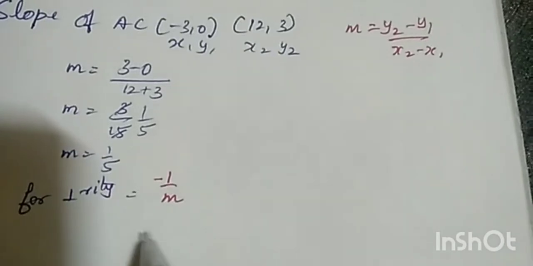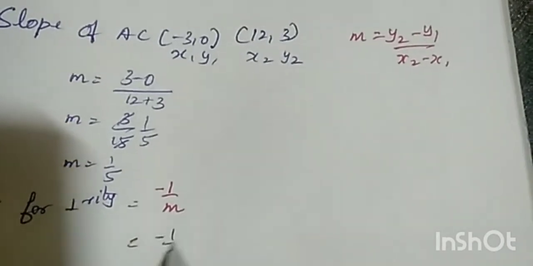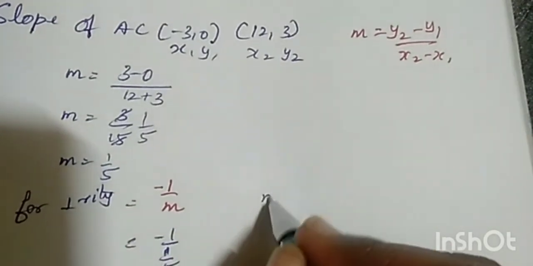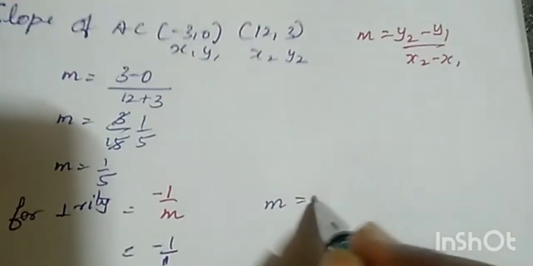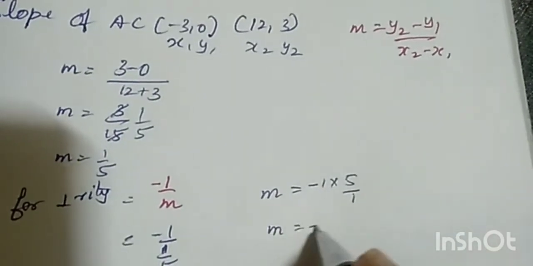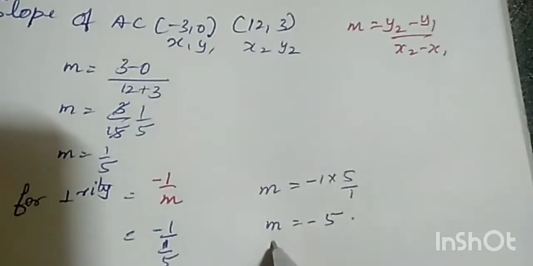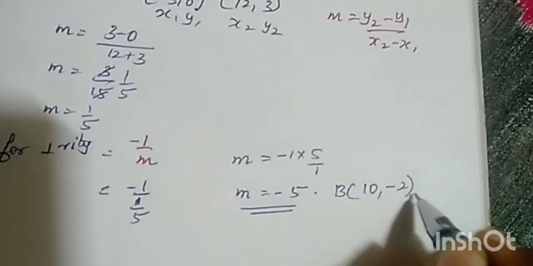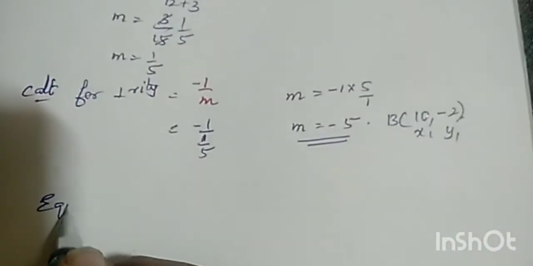So minus 1 divided by 1 by 5. If you reverse it, you will get m is equal to minus 1 into 5 by 1, so m is equal to minus 5. So we have got the new slope, and the point B is 10 comma minus 2. x1, y1.